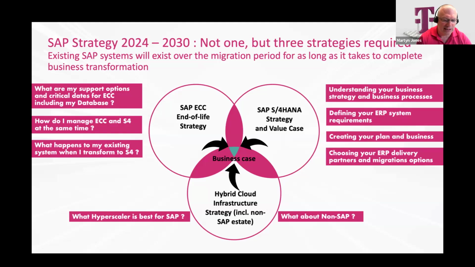And what about your non-SAP as well? So really looking at that complete hybrid approach of whether you want to keep that within the same cloud, or looking at how the connectivity happens, because most SAP systems talk to non-SAP systems a lot of the time, or get delivery from them.